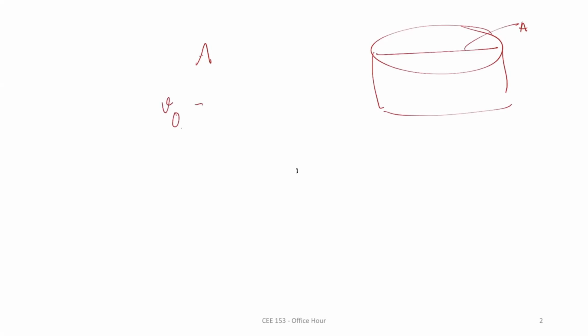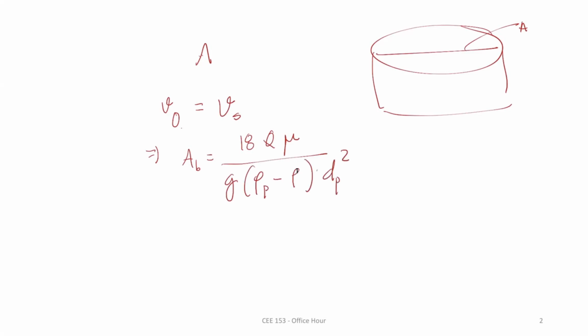If you think of a clarifier, and you set the overflow velocity equal to the settling velocity, then solving for area gives you this: area equals 18 times flow rate times viscosity, over acceleration due to gravity, particle density minus density of water, and particle size squared.